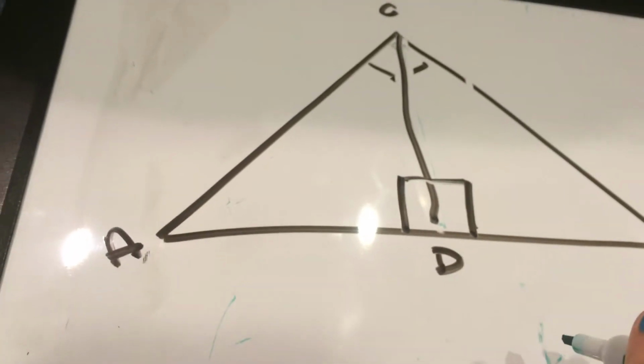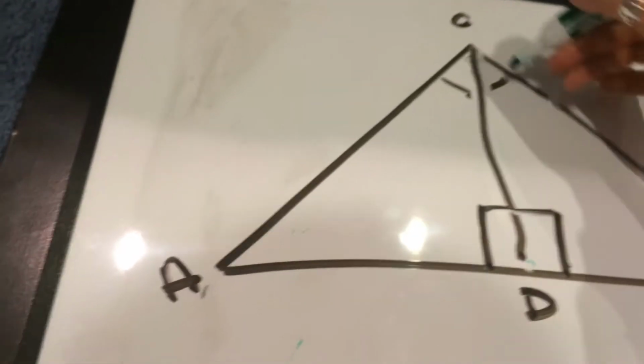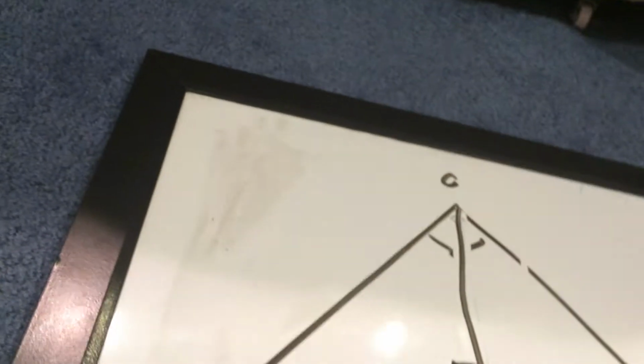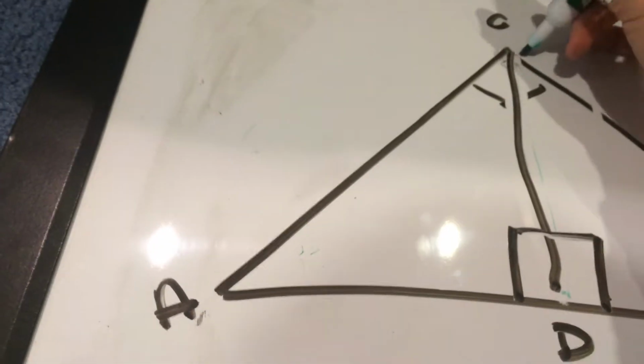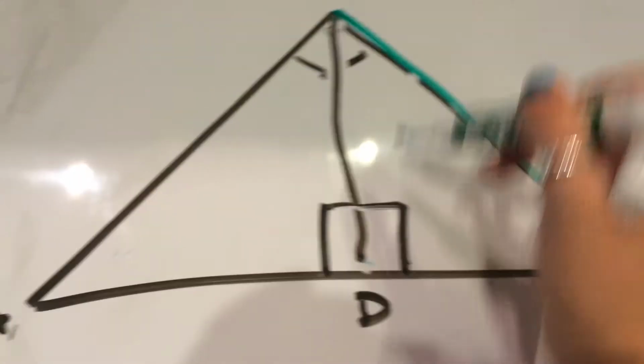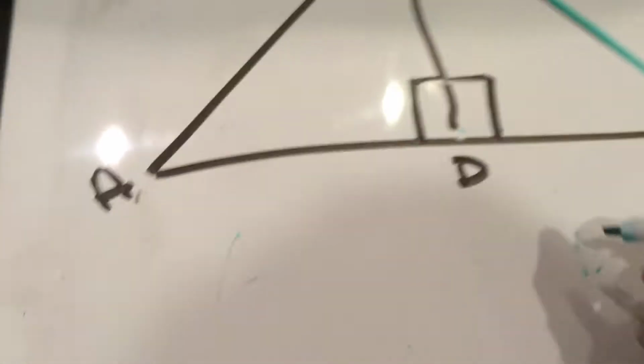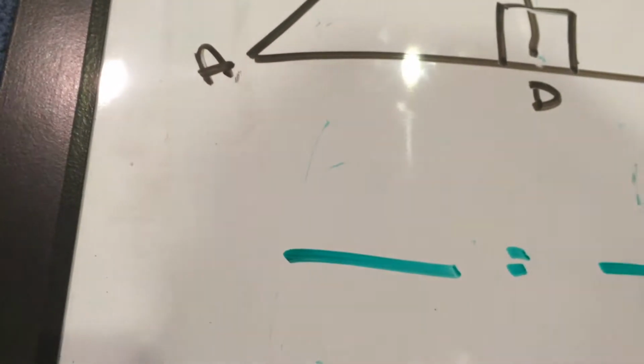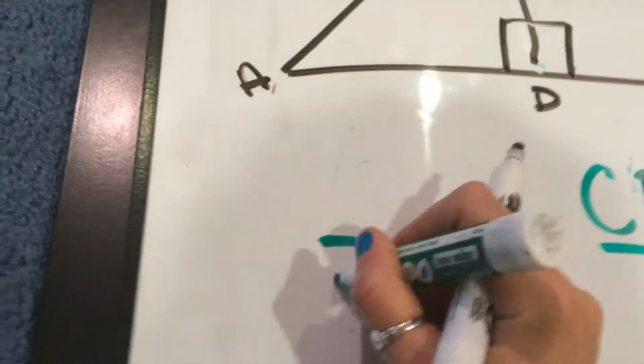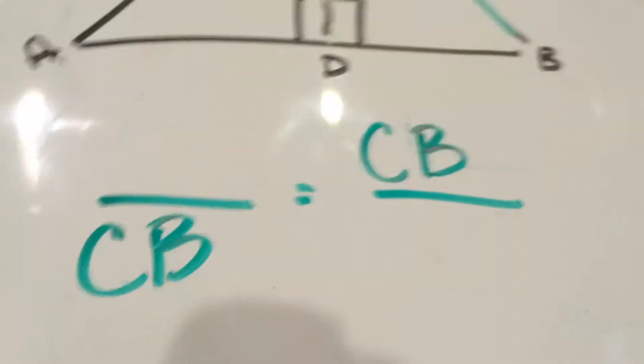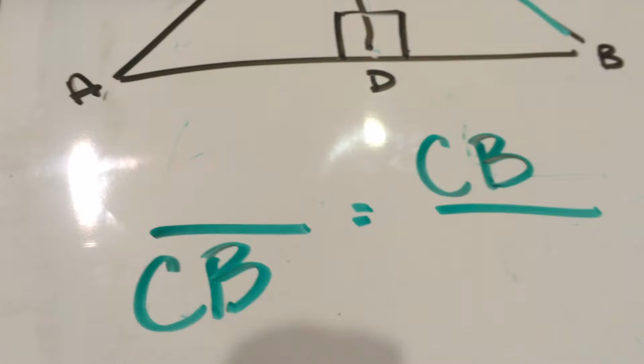Say they're giving us line CB, because CB is technically a leg. It might not be a leg in this tiny triangle, but it's a leg in the big triangle. So again, we want CB, so they have to be on opposite sides of each other, otherwise our answer will not come out correctly.